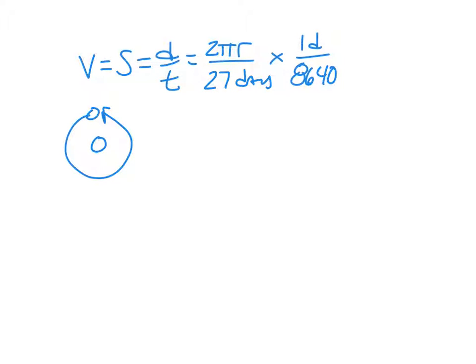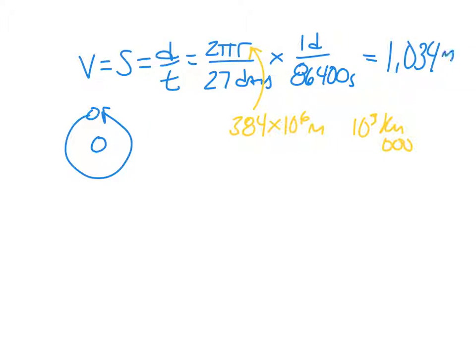And we can calculate using the radius that was given on the previous page of 384 times 10 to the 6th meters. Remember, it was times 10 to the 3rd kilometers, but there's 1,000 meters in a kilometer, so we had 3 extra zeros. If you do this calculation, you find out that the moon is traveling 1,034 meters per second.